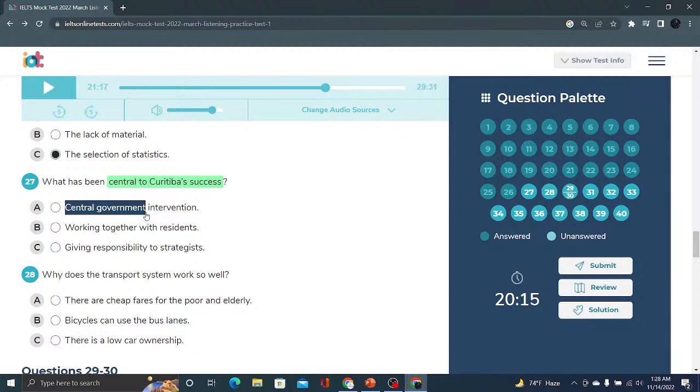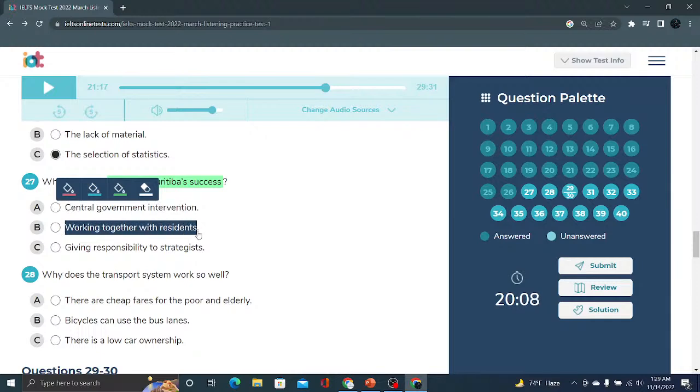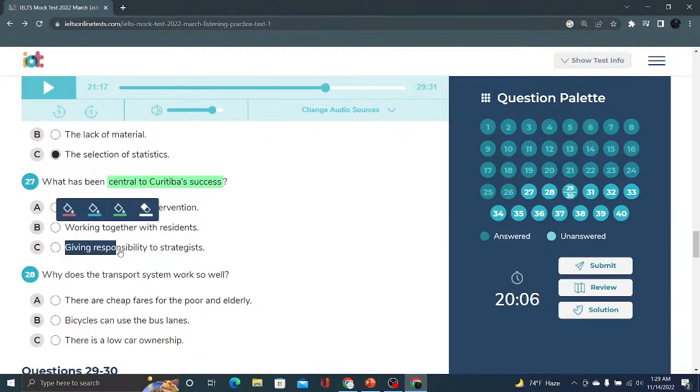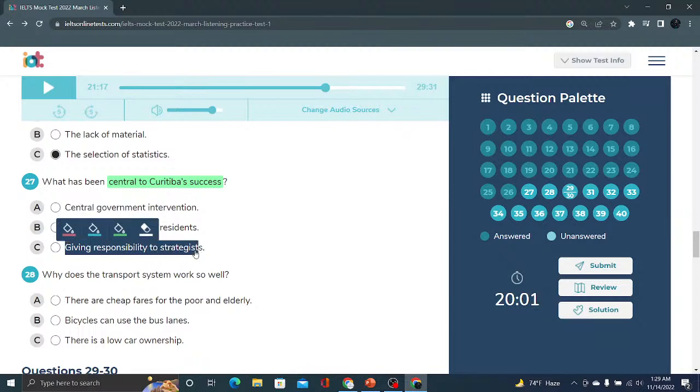Central government intervention, working together with residents, giving responsibility to the strategists. And he was saying they chose a cohesive strategy where residents were consulted. So what do you think the answer would be? I think the answer would be B, because it's relevant to that.